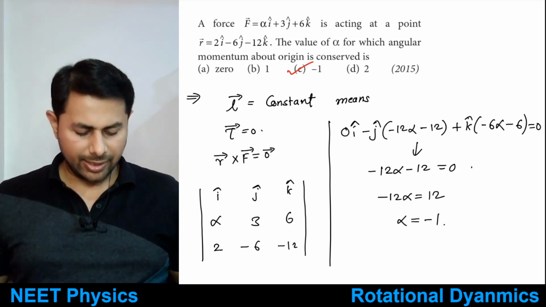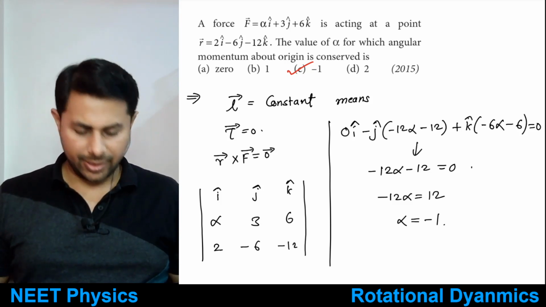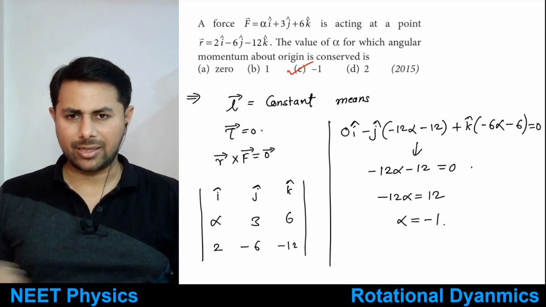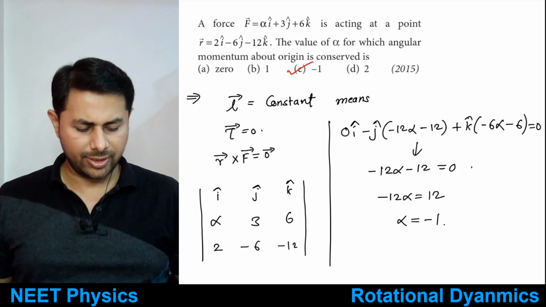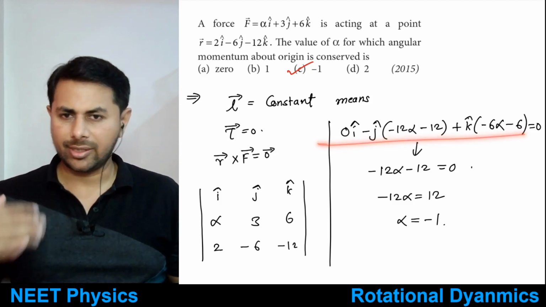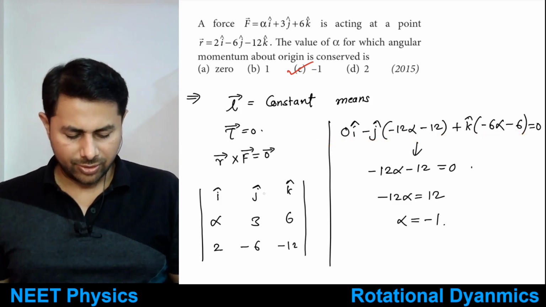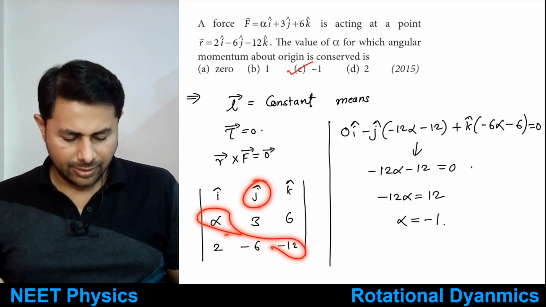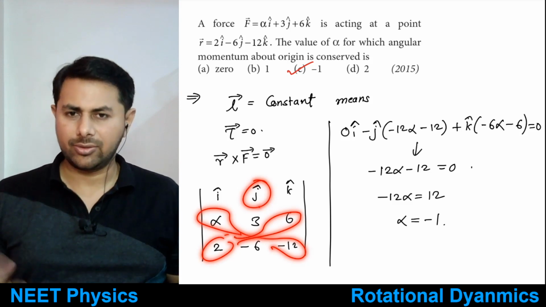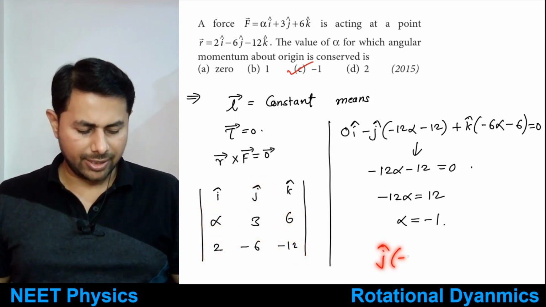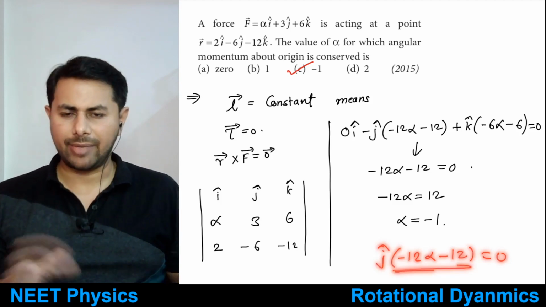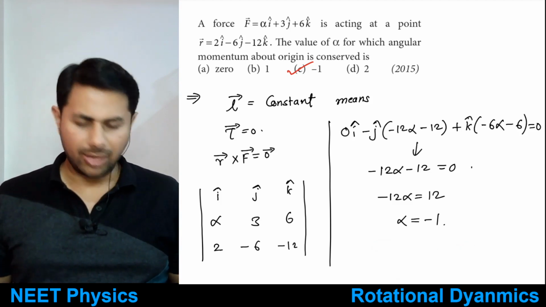So what I was saying at the beginning is just take one component in which alpha will come, because if torque is 0, its x, y and z components are all 0. So no need to solve the determinant completely. Just take j cap times minus 12 alpha minus 12 equal to 0, so alpha is minus 1.